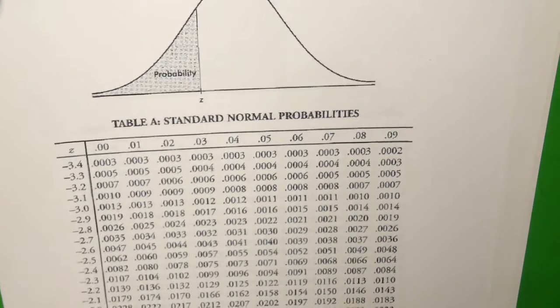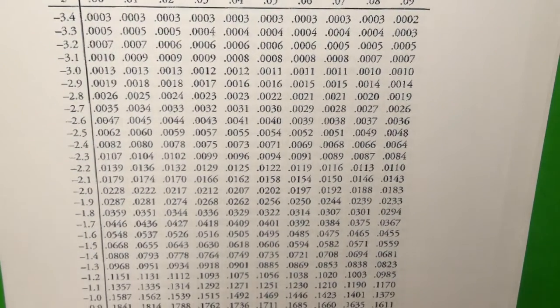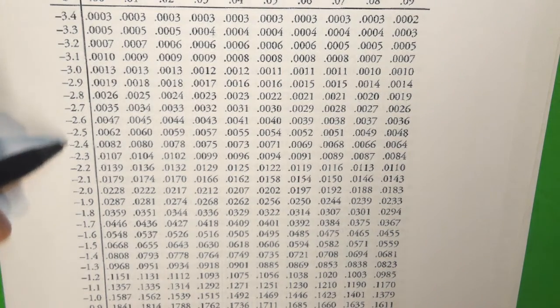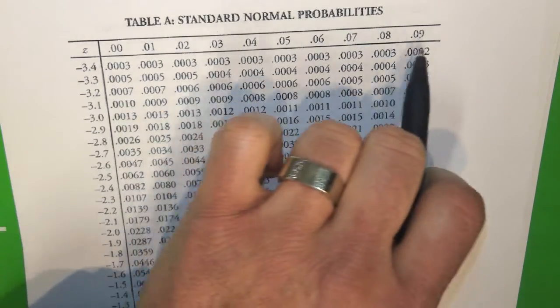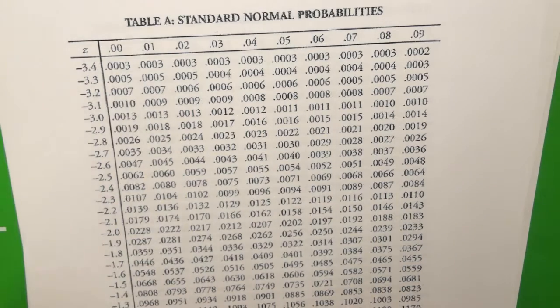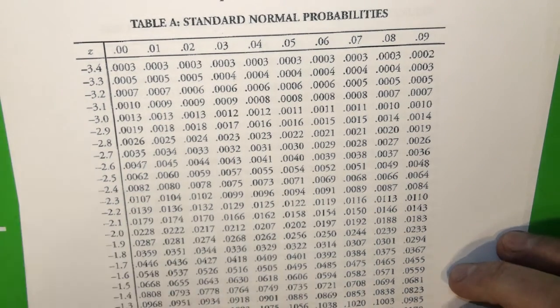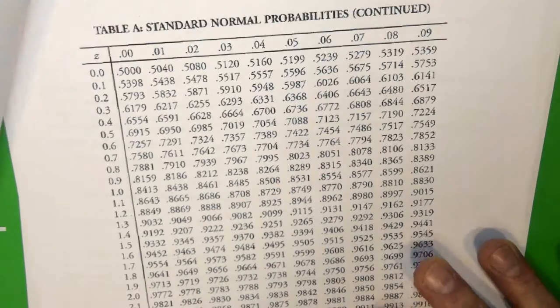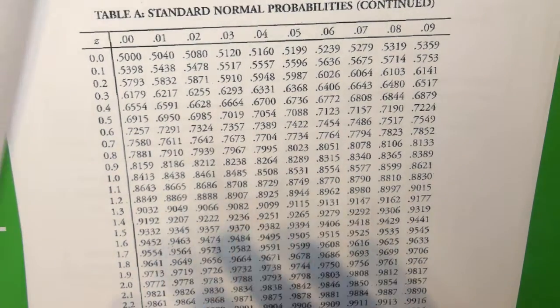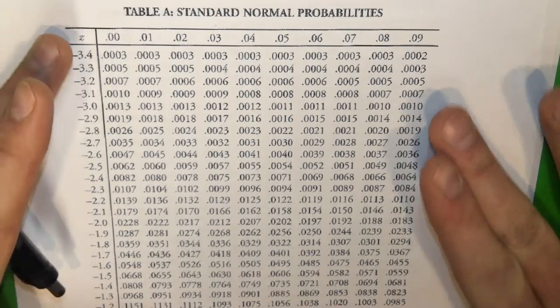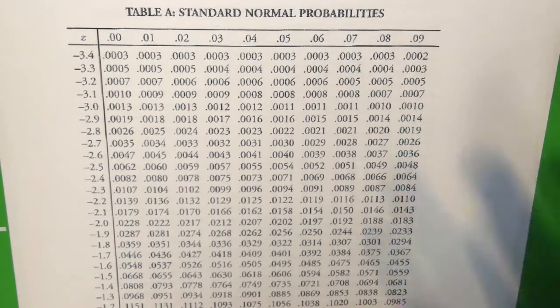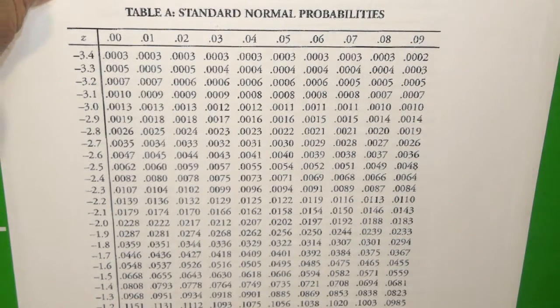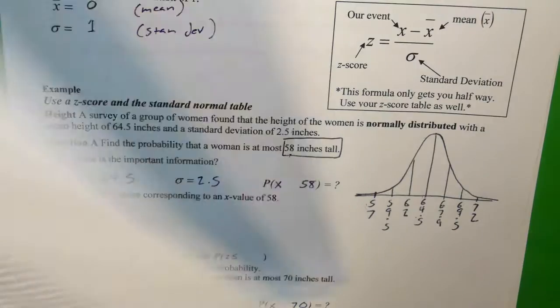If this looks big and scary to you, don't worry too much about it. It is the slim column of numbers on the left side and the small row of numbers at the top that mean the most. And the middle is where all the answers are. There are 2 pages of this, and we're going to be using this. If you have not already printed off your z-score table, please do so now so that you can practice using yours while I use mine.